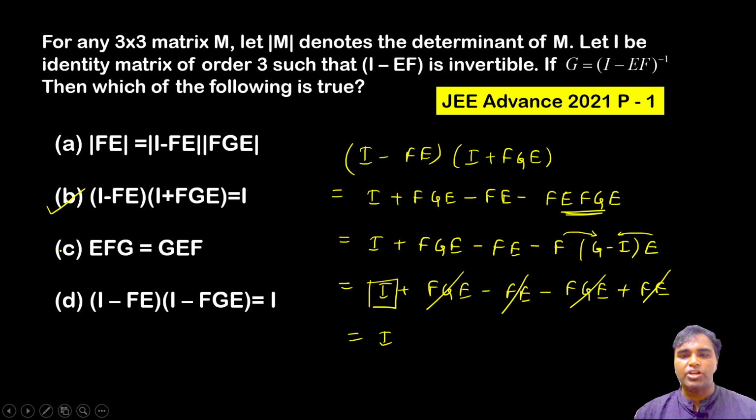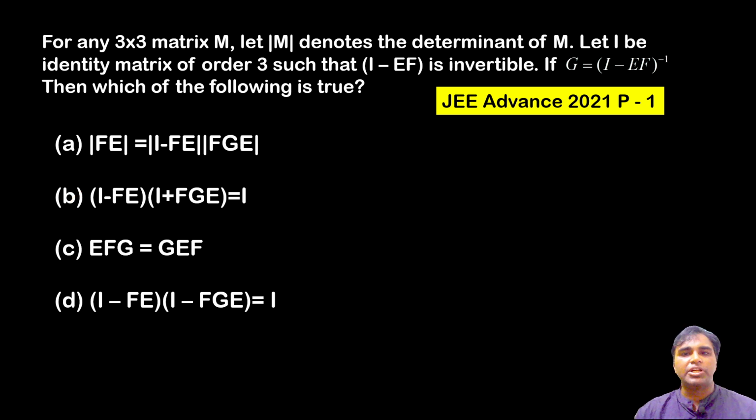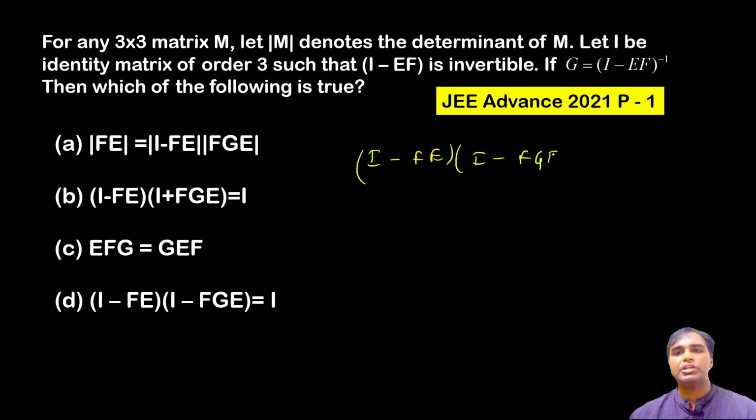Now let's check the D option. What should be the D possibility? D is, if you can see here, (I minus FE) into (I minus FGE). Now let's multiply this. I into I minus I multiplied with the same matrix FGE. FE multiplied with I is FE, plus multiply this FGE.